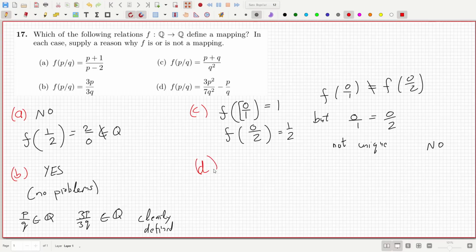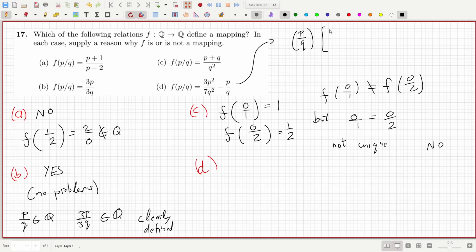D. Oh, that's tougher. Can I simplify that a bit? Is 3 over 7 P over Q squared? But I can take the P over Q out.